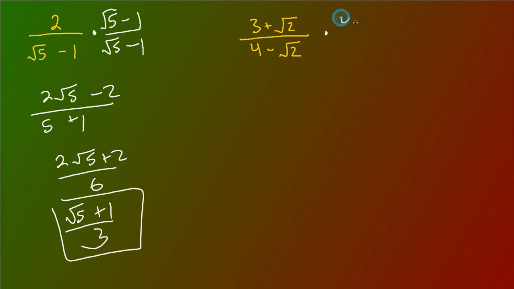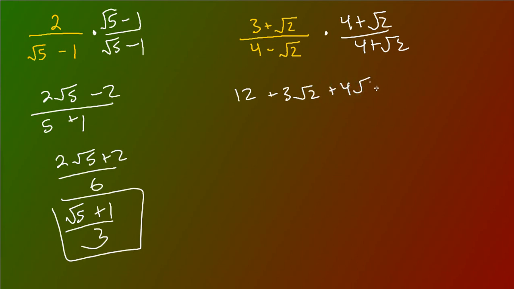Right here, I'd multiply by 4 plus root 2. That's the conjugate. So at the top, I'll get 12 plus 3 root 2 plus 4 root 2 plus root 4. At the bottom, when I'm done simplifying it down, I'll end up with 16 minus root 4, because a lot of things will cancel.